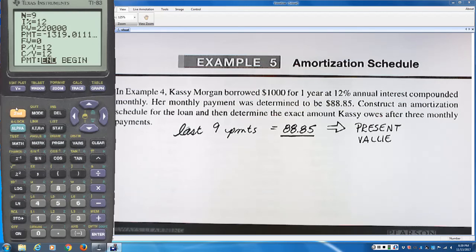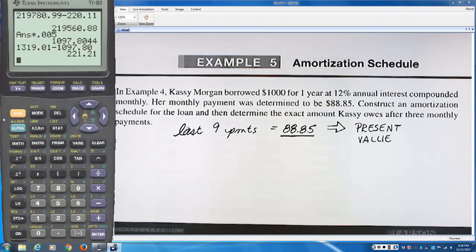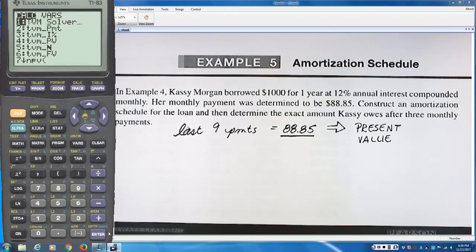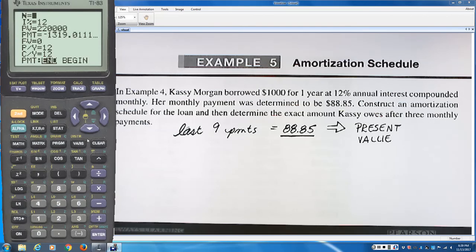Her payments would have been $88.85. And we need to know the present value of that.